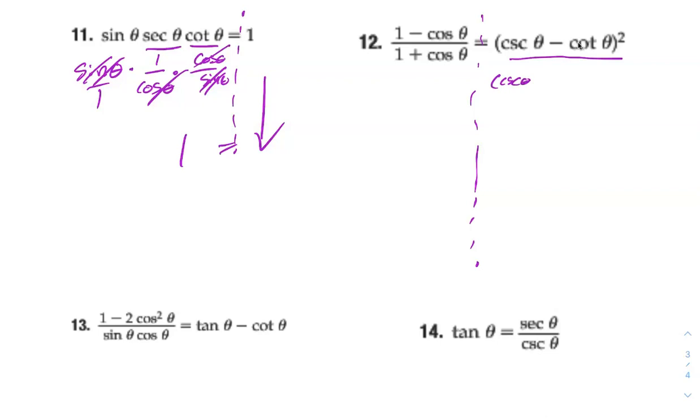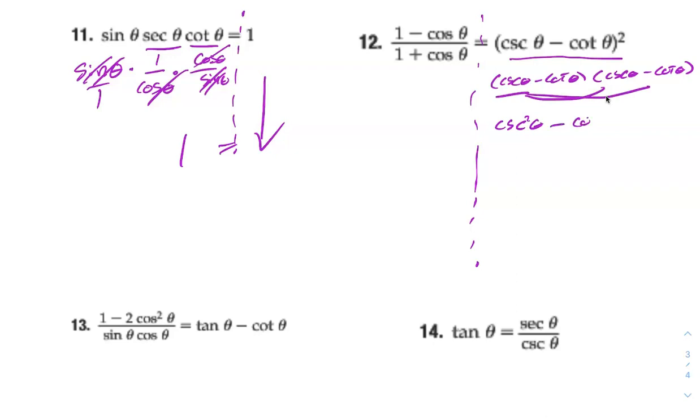Cosecant theta minus cotangent theta times itself: cosecant theta minus cotangent theta. Right? You don't just square both things. You have to multiply it by itself. So now we distribute. I get cosecant squared, and for once it's not a difference of two squares, you actually just have to multiply it.